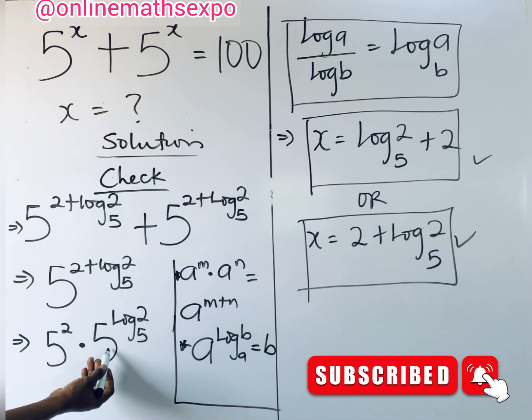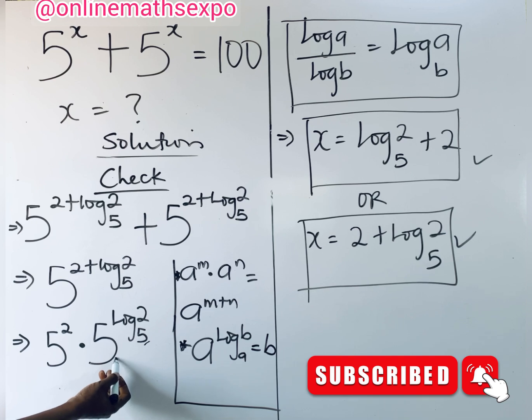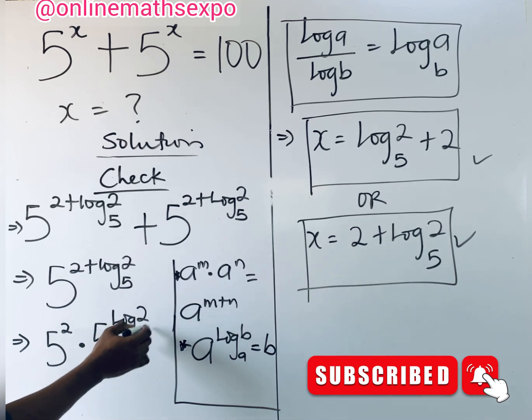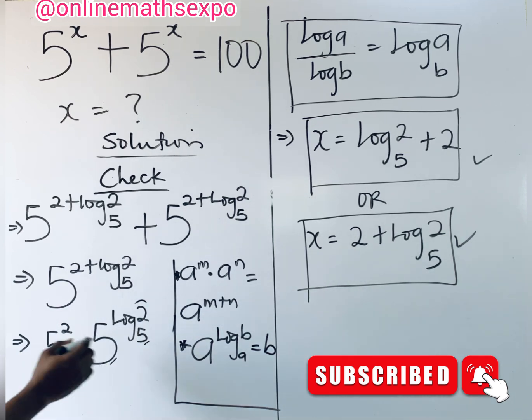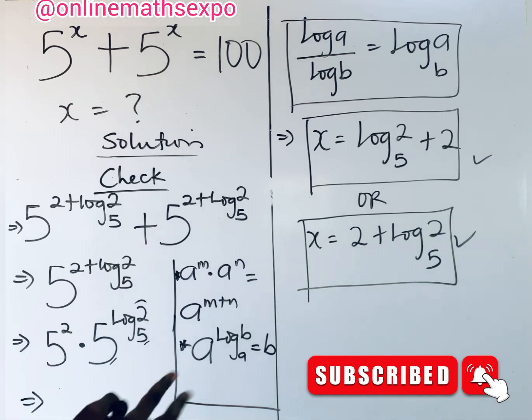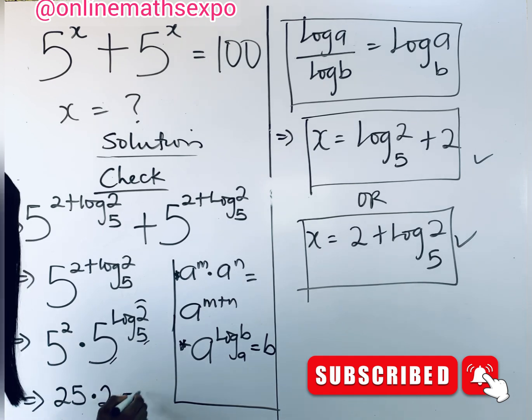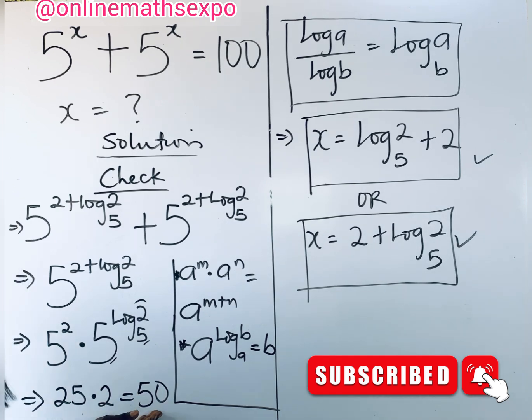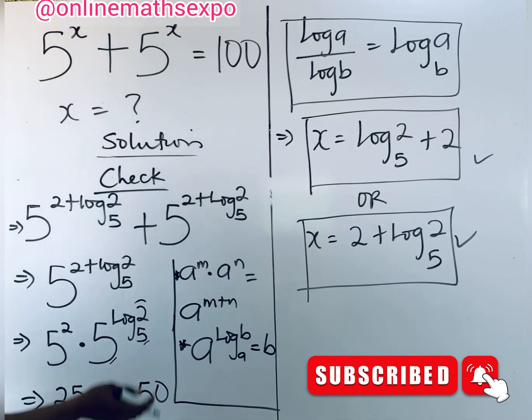And if you observe carefully, the base is 5, the general base is 5, so the number is going to be 2. So simplifying this, it gives you 5 raised to power 2 is 5 multiplied 2 times to give us 25, and 25 will be multiplied by these 2. When you multiply 25 by 2, it gives you 50. So we've been able to get one value as 50.